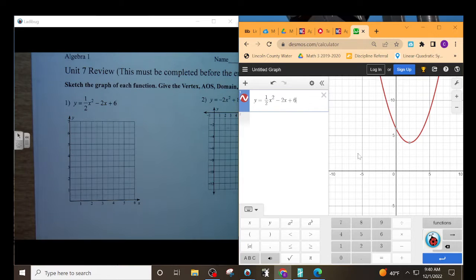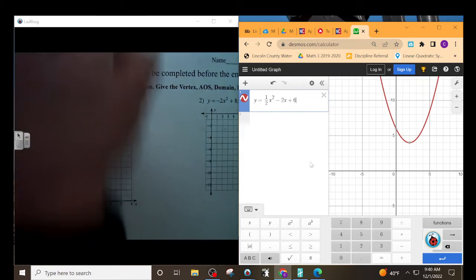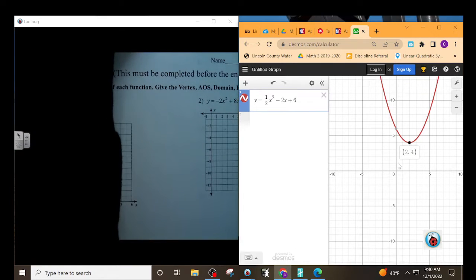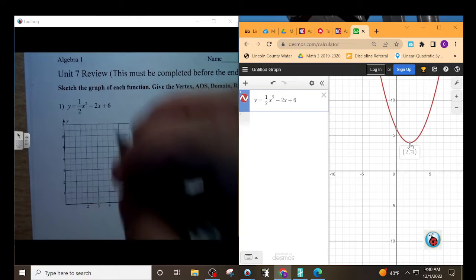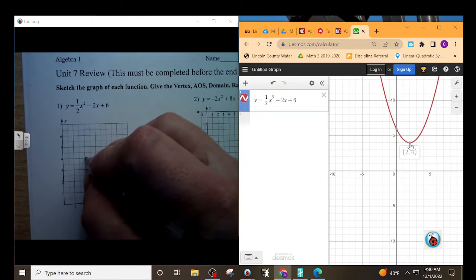So looking at this, it's saying that my vertex is (2, 4), okay? Remember, vertex is the lowest or highest point, okay? So now, my vertex is (2, 4).